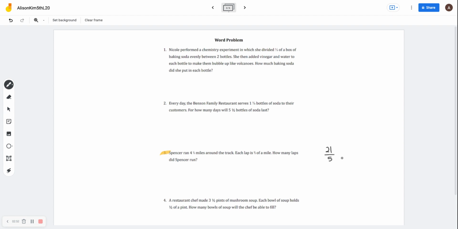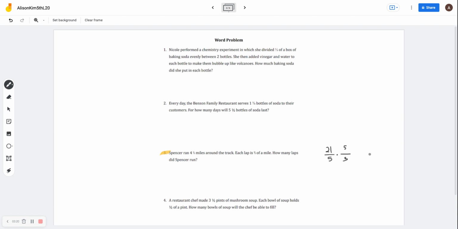And he says that each lap is 3/5 of a mile. So in order to find out how many laps Spencer ran in total, we're going to have to divide the total number of miles by the amount of miles that one lap is. So I'm going to turn the division sign into a multiplication sign, and then the opposite of 3/5 is going to be 5/3, right?